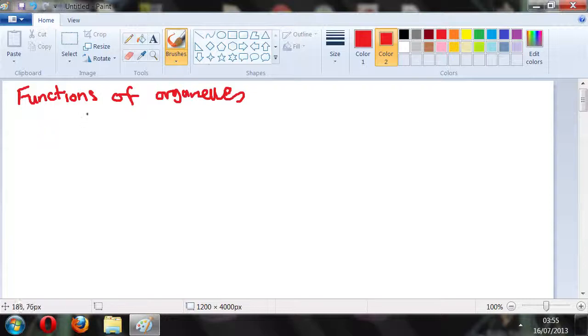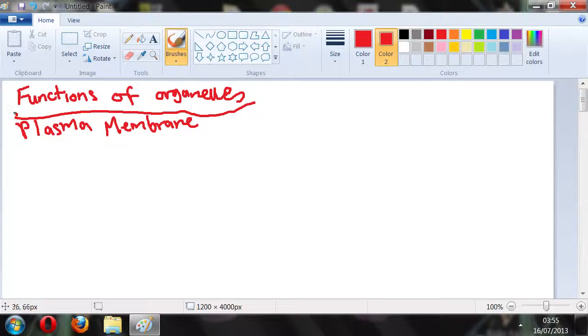So we're going to start now with the plasma membrane. Maybe I will just draw a box. This could be the plasma membrane. So what can we say about the plasma membrane?